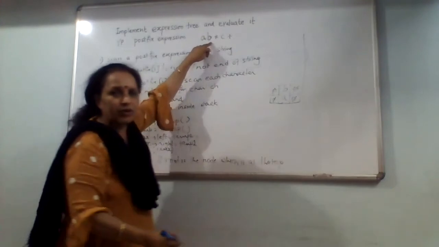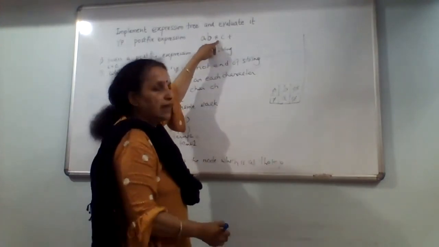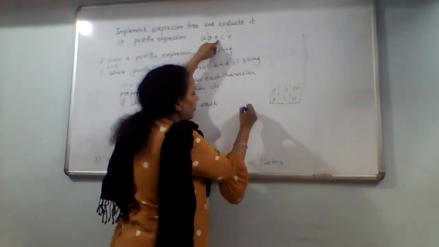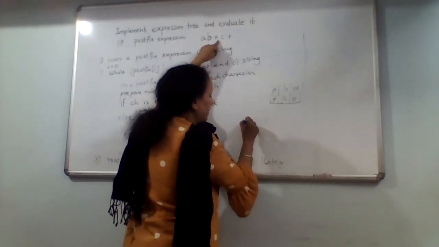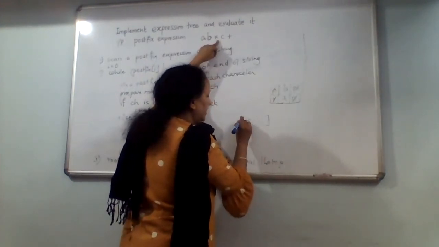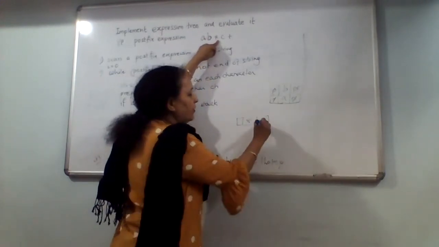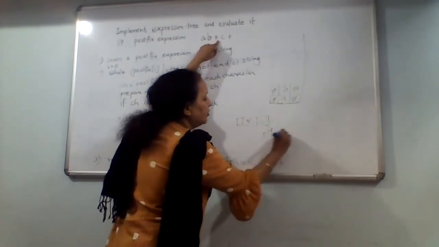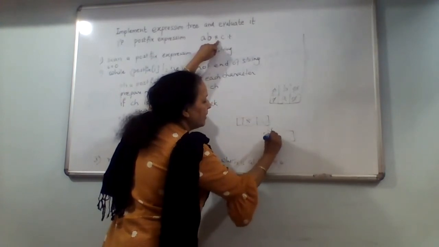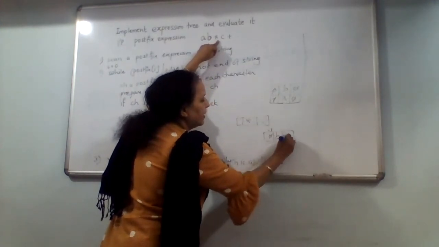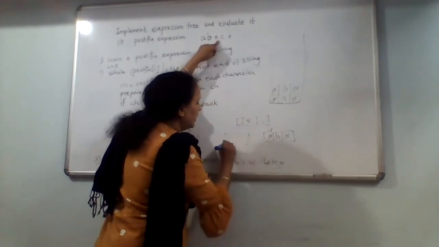Next what should we do? We take star. We have to prepare a node for star. Now whatever we pop first, we attach to right, so B should be attached to right and A should be attached to left.